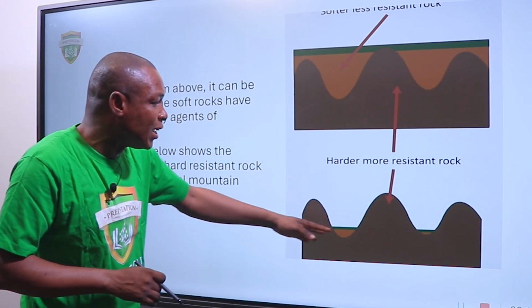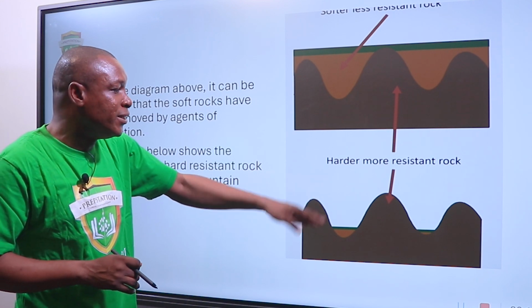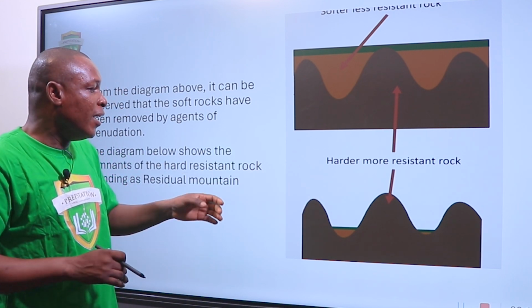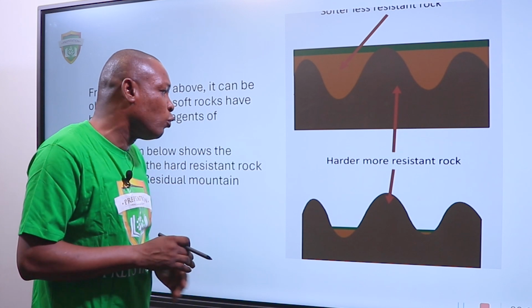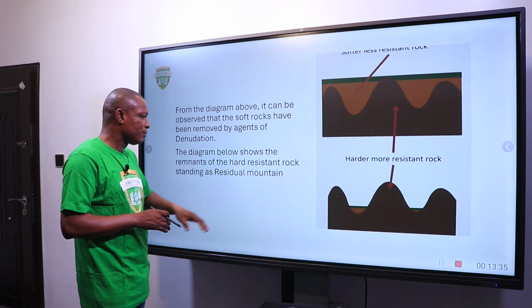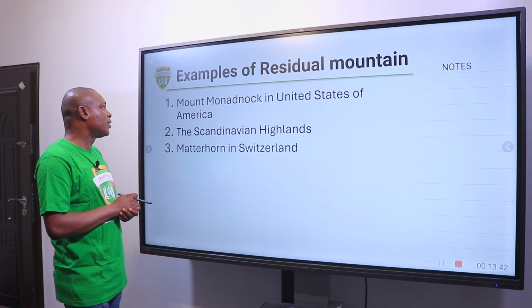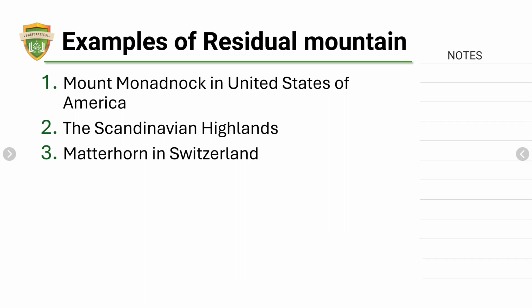These hard resistant parts that cannot be taken off by agents of denudation now constitute what we call the residual mountain. Examples of residual mountains: Mount Monadnock in the United States of America, the Scandinavian Highlands, and the Matterhorn in Switzerland.